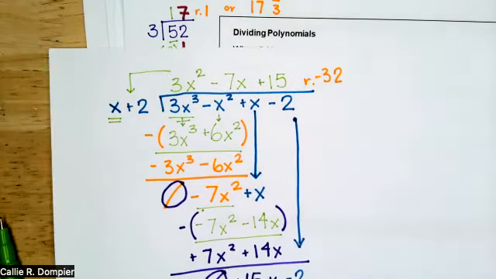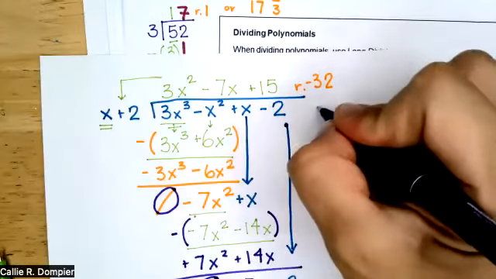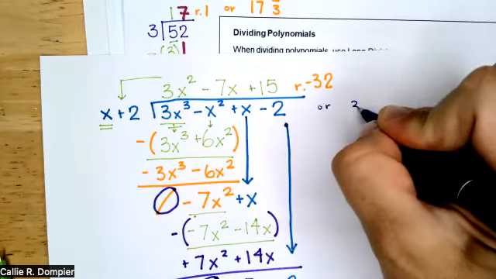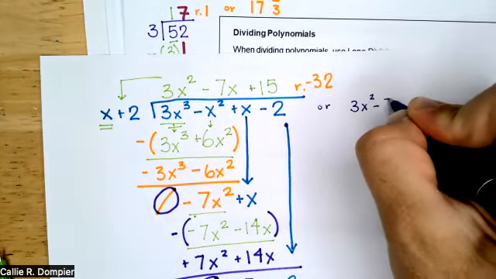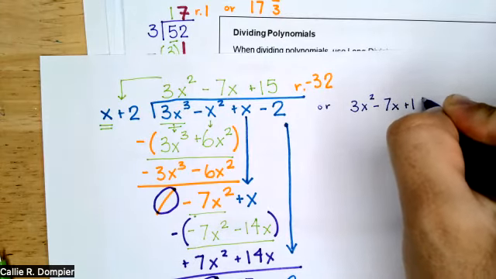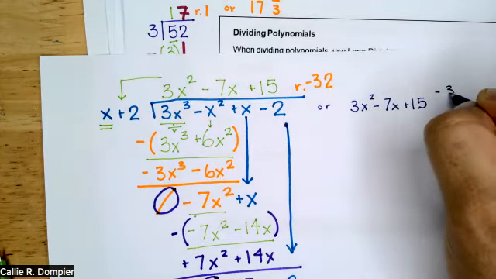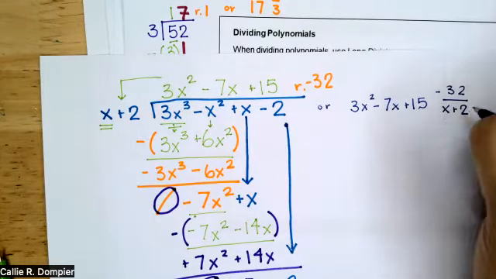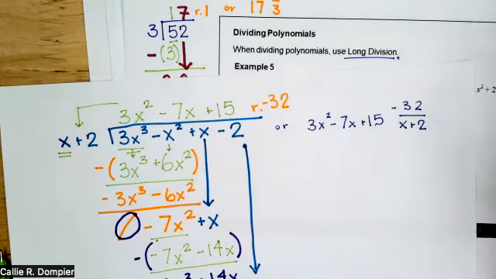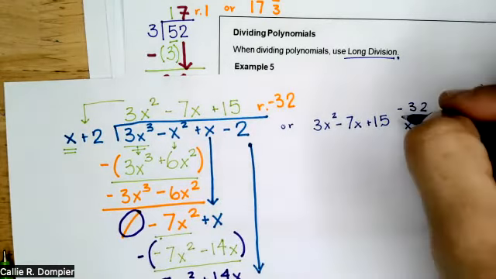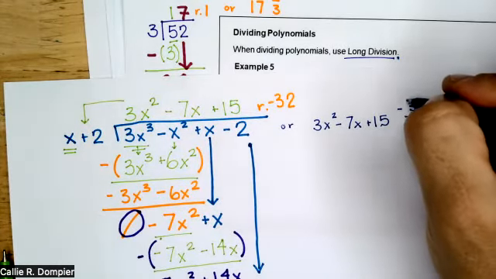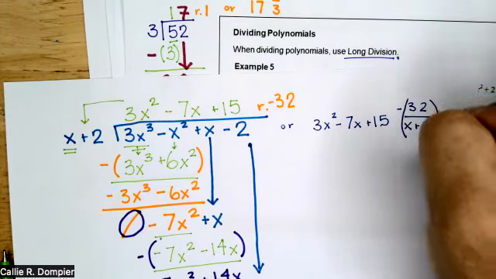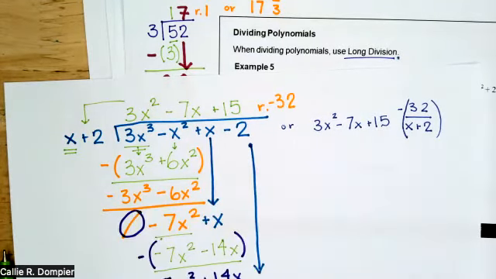If they ask for the remainder, which I think is what my math lab does, 90% sure, that would be a minus sign, sorry. I should have put it lower. Minus 32 over x plus 2.